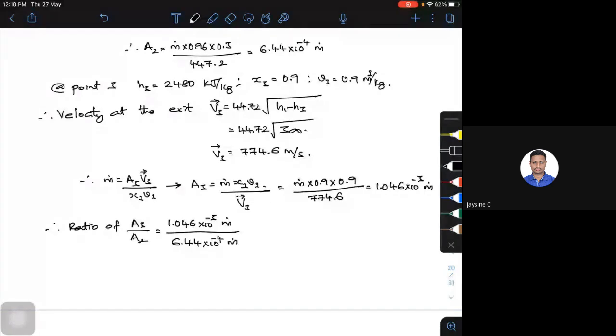So m dot simply cancels, and I am going to get this ratio: 1.61, sir? Yes, 1.62. You can round it up to 1.62. So this is the ratio of the exit area to your throat area.